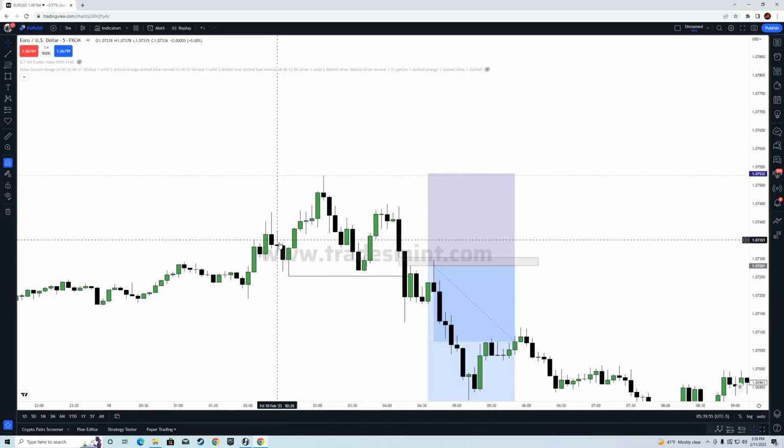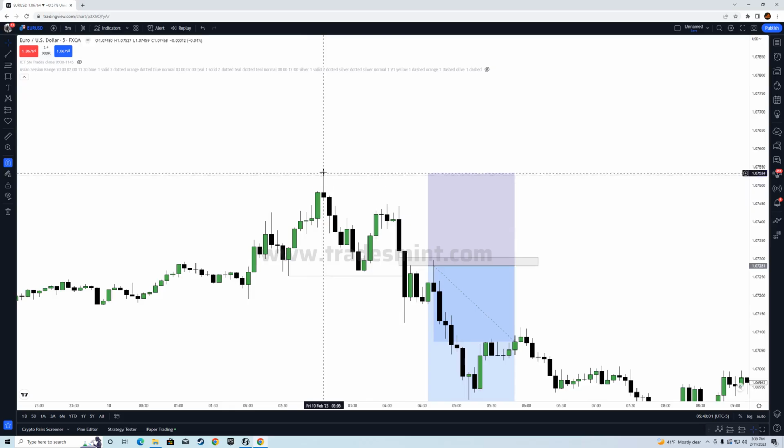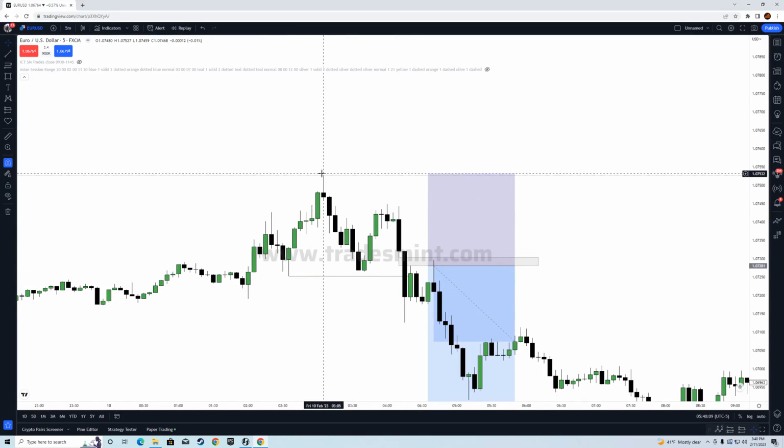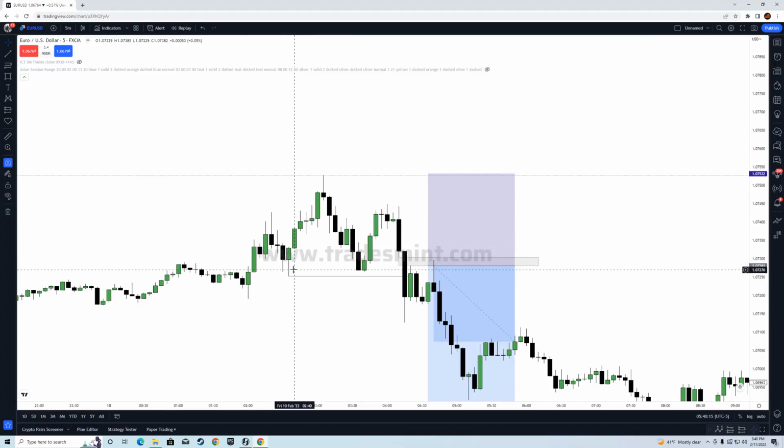The last candle of the higher low is going to be your breaker block, and you must get a market structure shift after this new high is created, right? And when you have market structure shift, then that breaker block becomes valid.